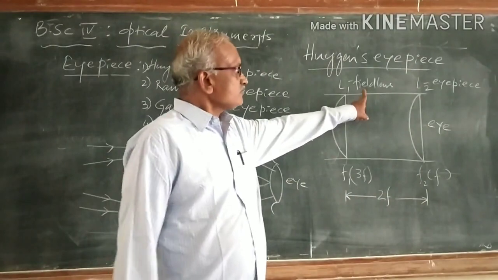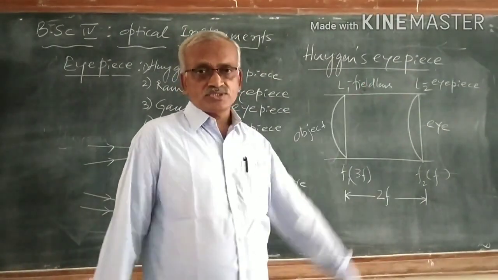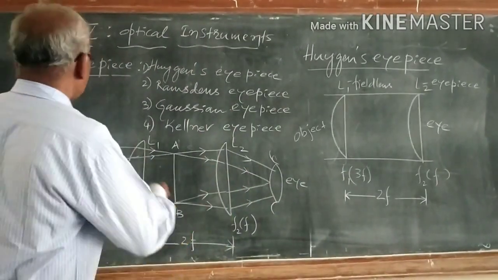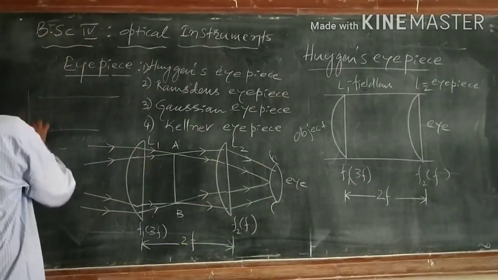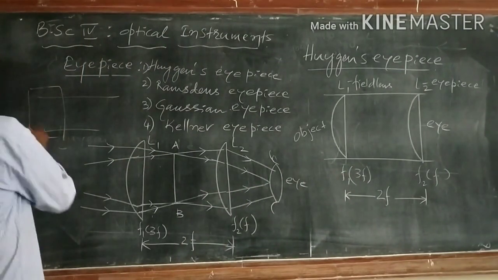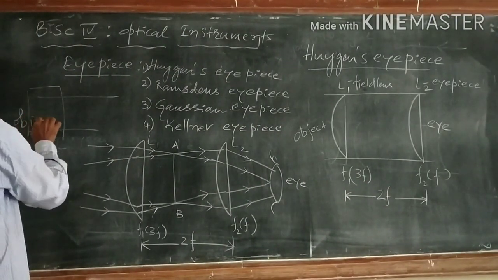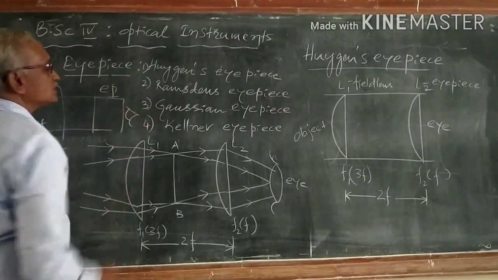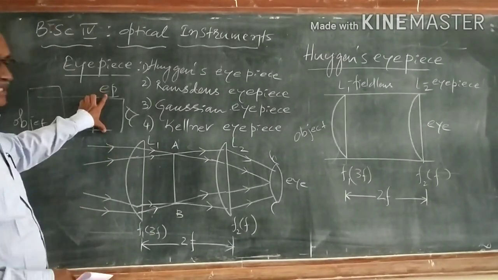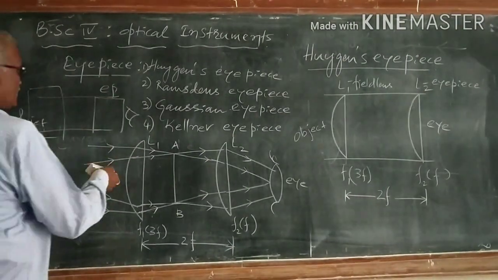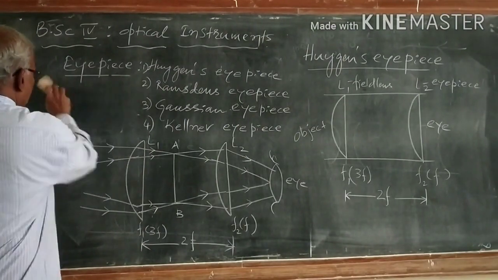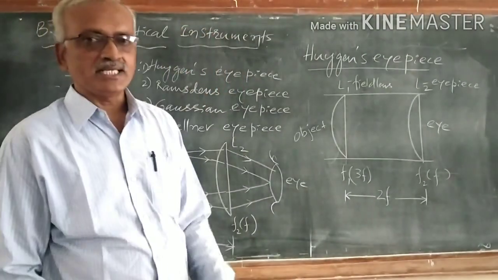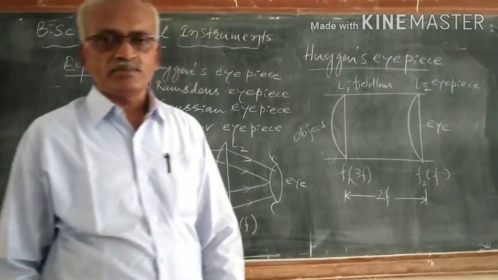The field lens is the objective part, near to the object, and the eye lens is near to the eye. As defined just now, it is two coaxially fixed lenses used to view the magnified image of the object.